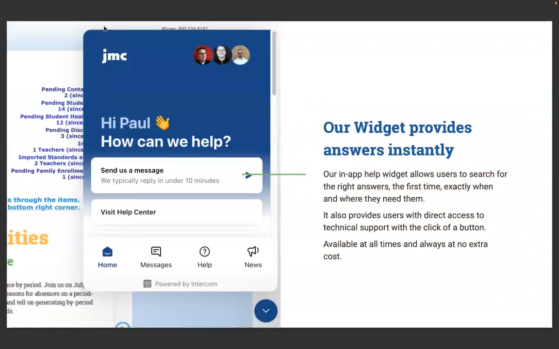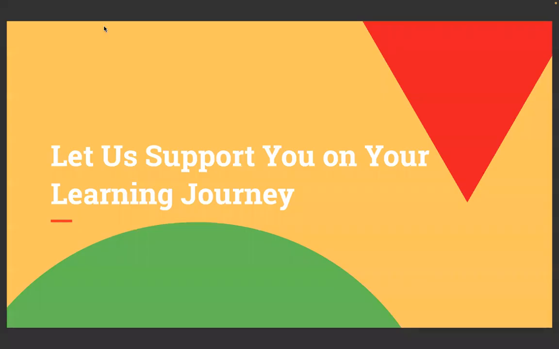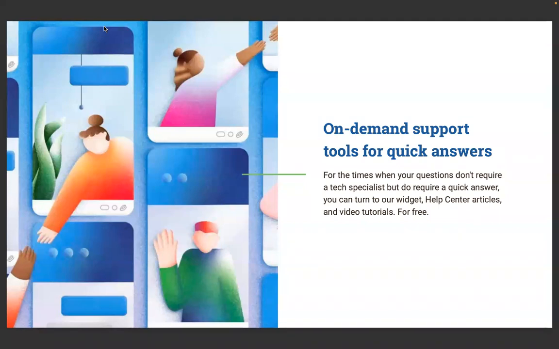We are on to a few pieces that will allow us to support you as you move along here with JMC. So first off, here's some on-demand support, quick tools for quick answers for the times when your questions don't require a tech specialist, but do require a quick answer.